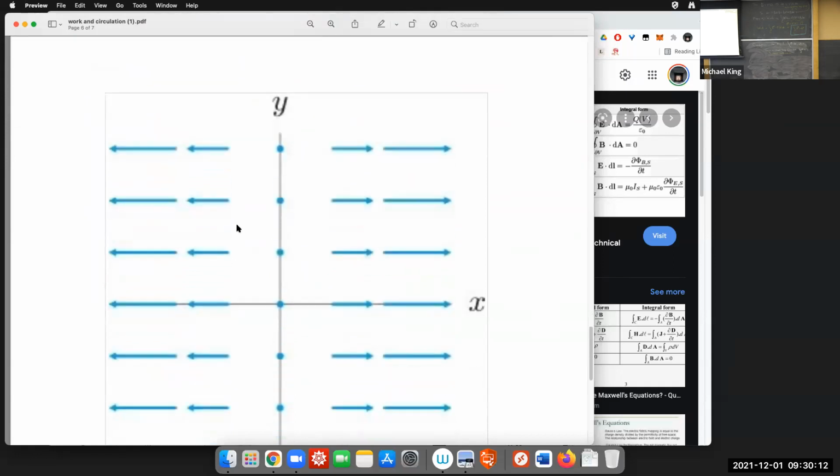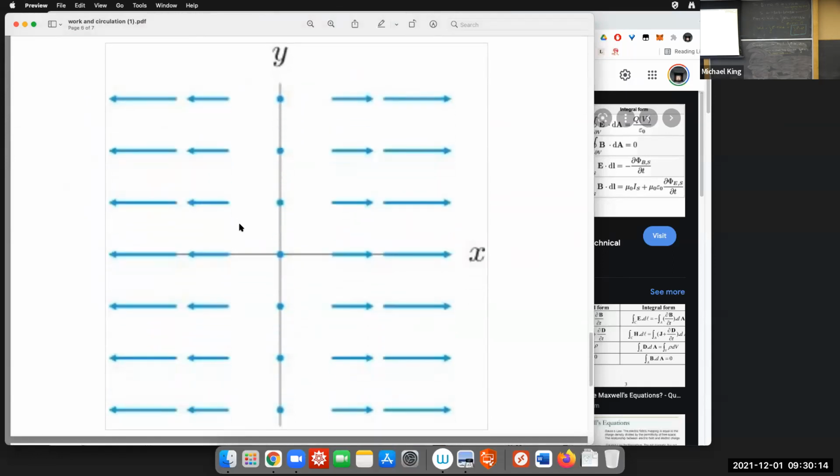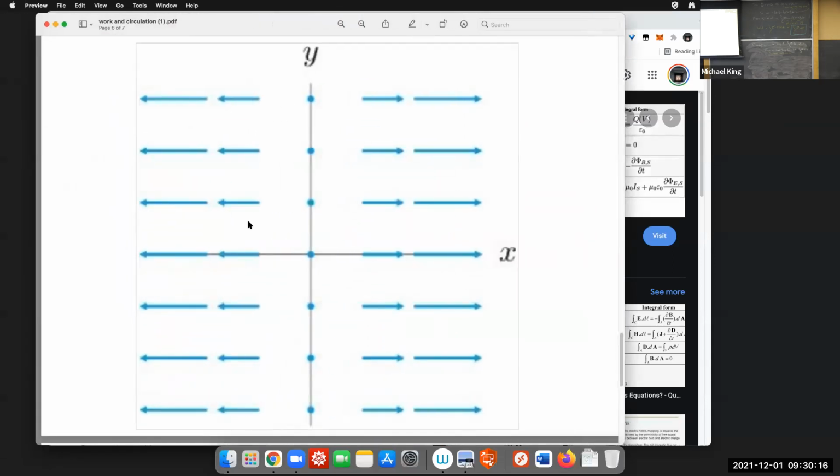What about this one? If I make some loop, can you get non-zero, Leo? 0? You say positive?